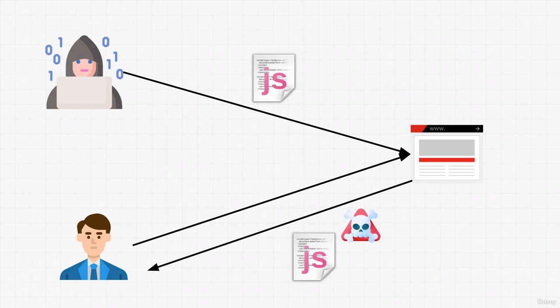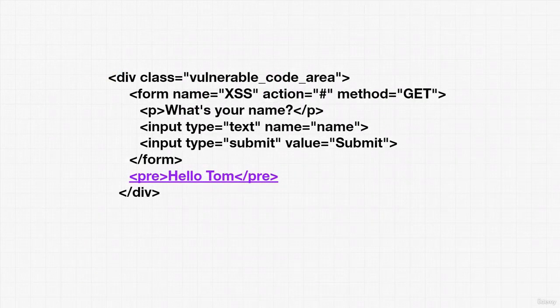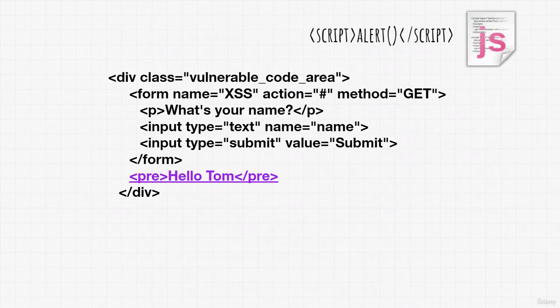So imagine we have this code as an example. It's the same code that we showed inside of our HTML injection, just this time instead of injecting HTML, we want to try to inject JavaScript. And the most simple thing we can run with JavaScript would be the alert function.